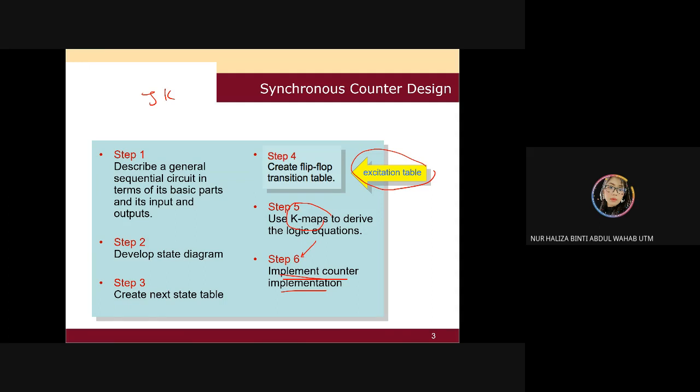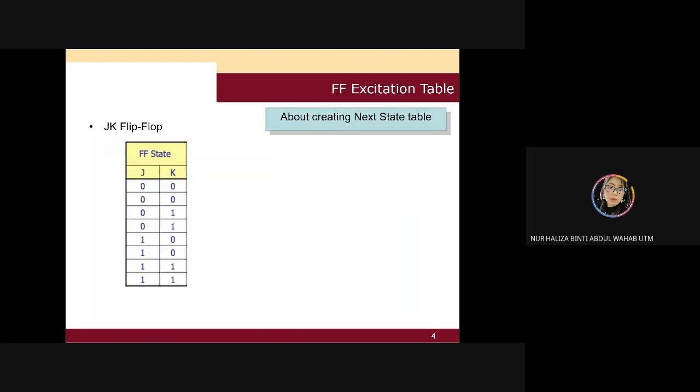Similar also in this step, but there is a new table that you need to remember. I asked you last time to know how you get that table, the derivations of the table. So first of all, we're going to look at the derivation for the JK flip-flop.